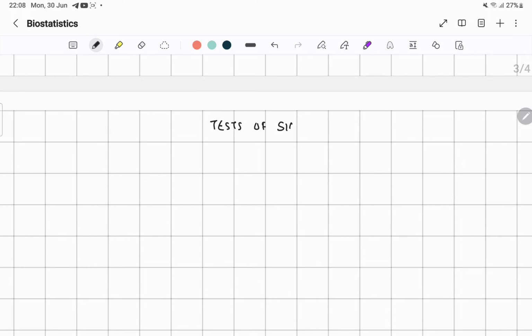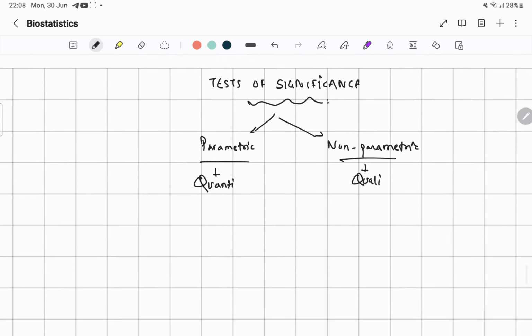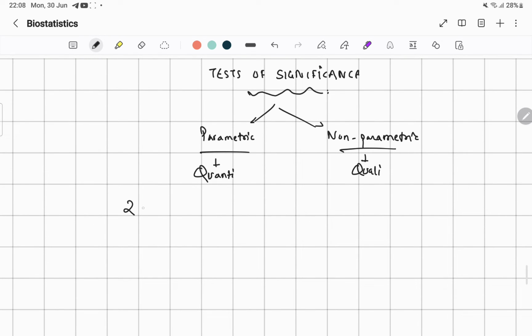Tests of significance. Tests of significance are basically of two types. You can have a parametric test, you can have a non-parametric test. Parametric tests are for quantitative data, quanti data. Non-parametric for quali data. First let's discuss a single group.